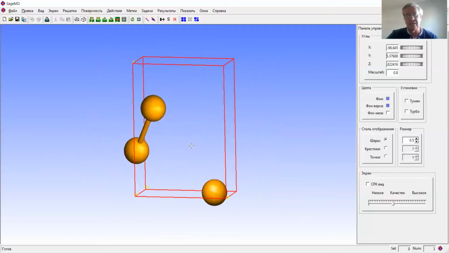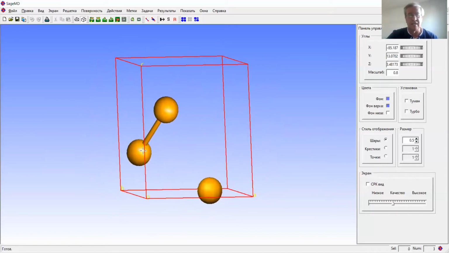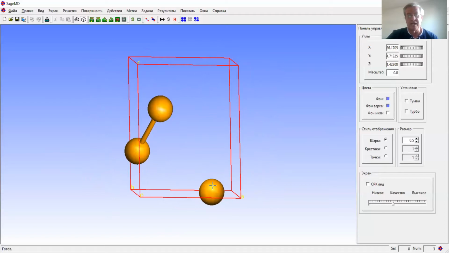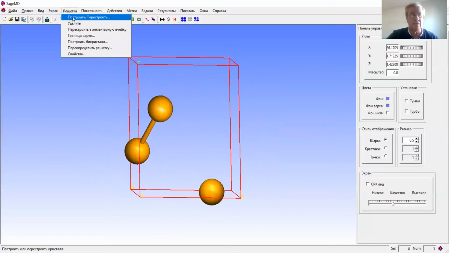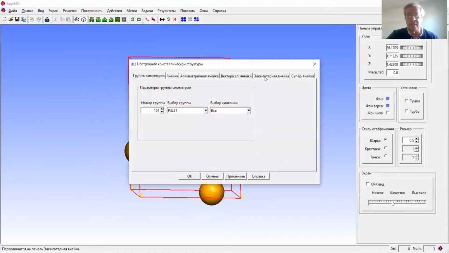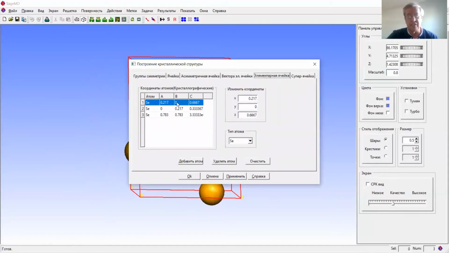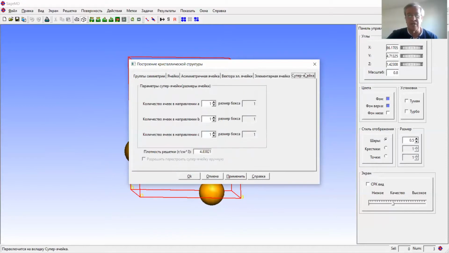But we can see that two atoms are located on a plane, this one and this one. If we want to check it, we go and see the coordinates, and we see that these two atoms have one of their parameters equal to 0, which means they are indeed in the plane. Now in order to see the chemical bonding, we increase the size of the cell.